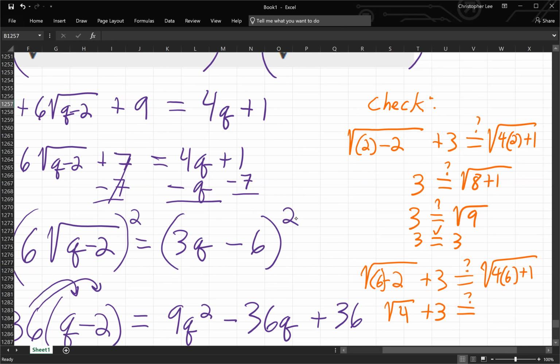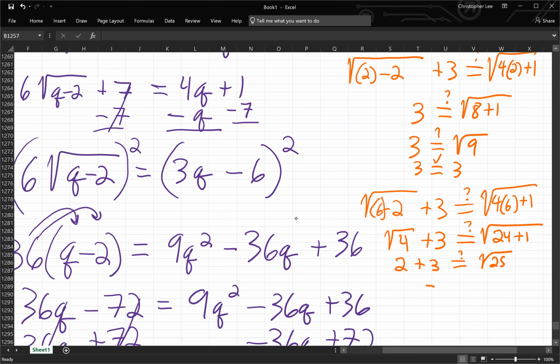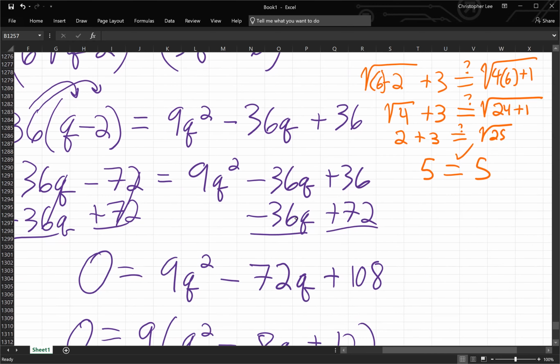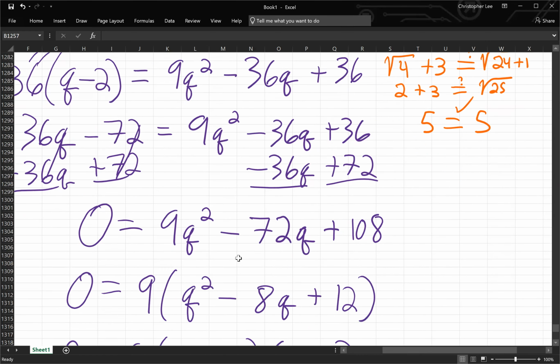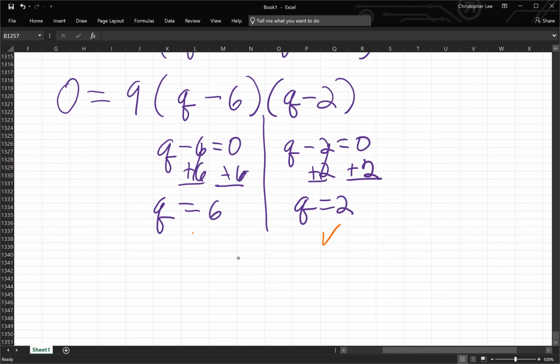Allegedly will be, what's 6 times 4 again? 24, right? So 24 plus 1. Square root of 4 is 2, so 2 plus 3. This might be square root of 25. And in fact, 5 does equal 5, so we good to go. So this is a legitimate answer too, 6. So that's it.